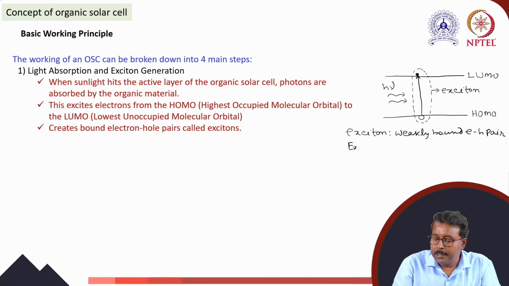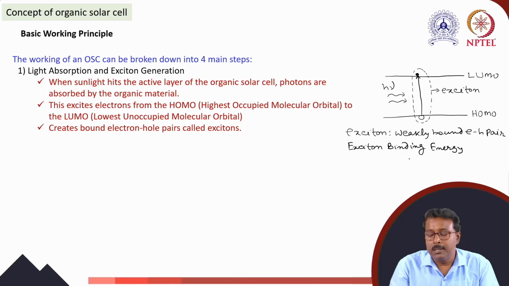Exciton binding energy is a term which indicates the energy required to dissociate these excitons to make electron hole pairs free. Free electron hole pairs means they can conduct current, conduct electricity.